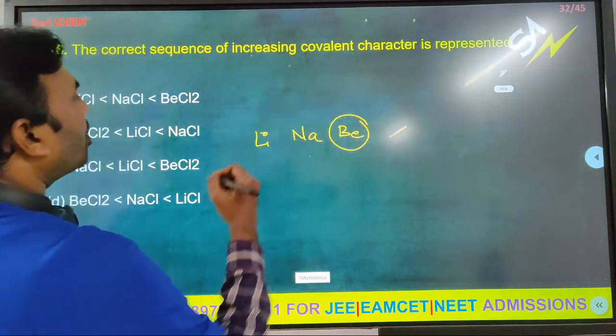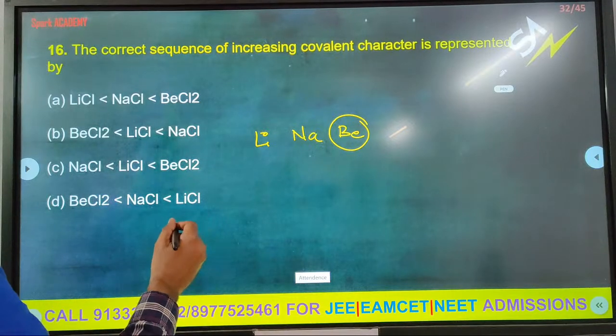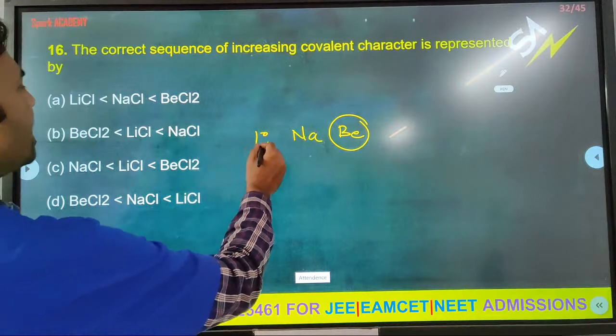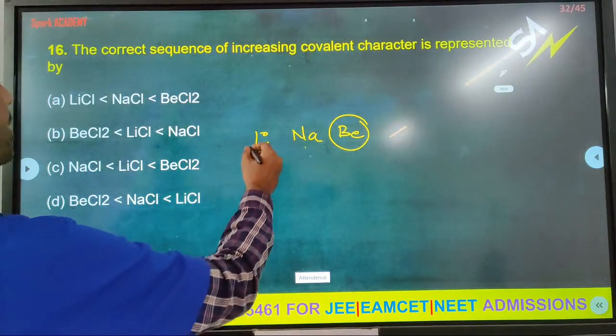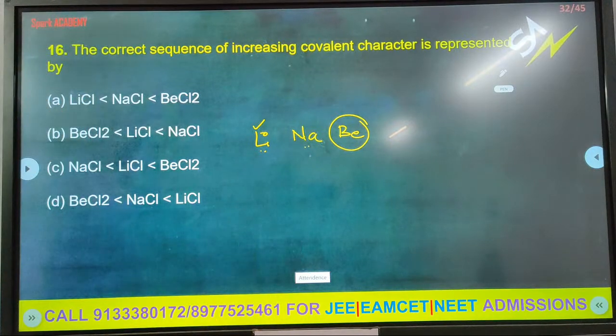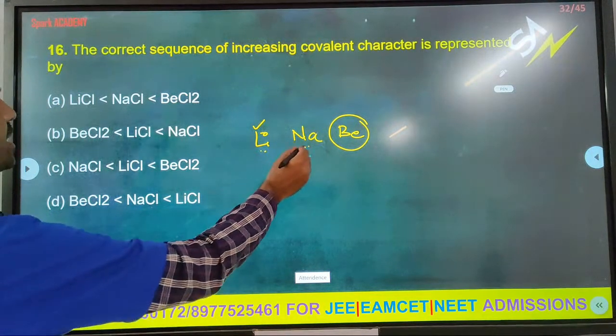Beryllium is more electronegative, so it is more covalent. After that, lithium, then sodium. Lithium is more electronegative compared with sodium, so sodium is the least.